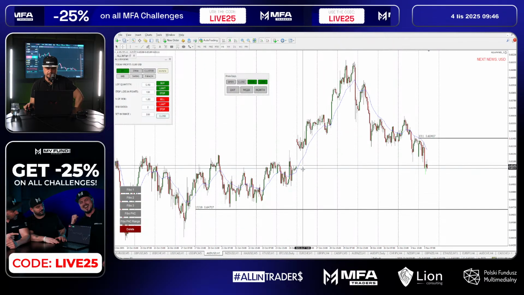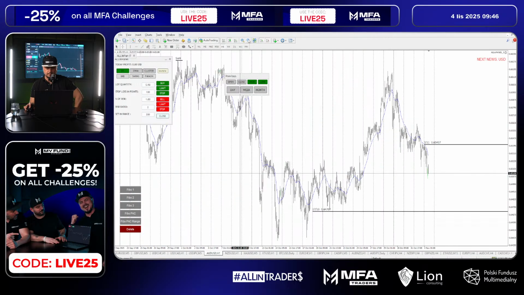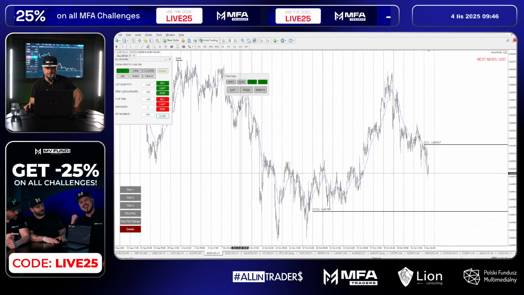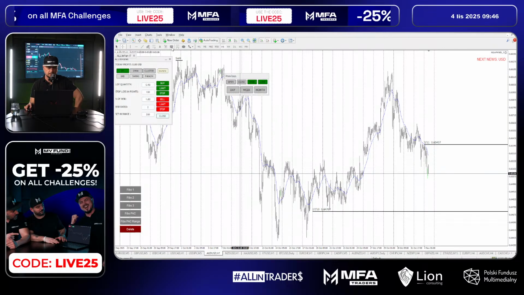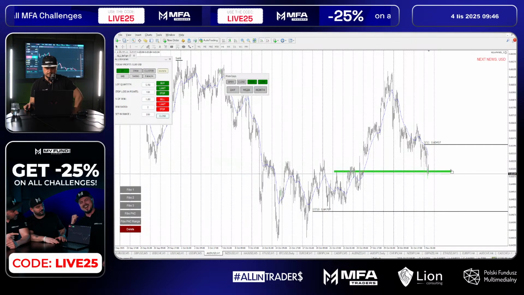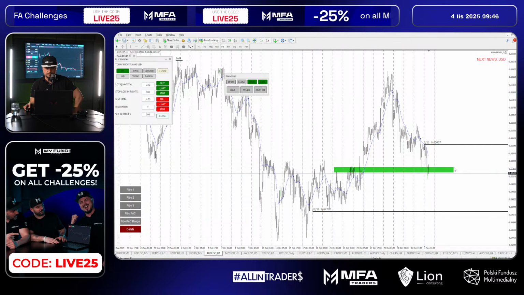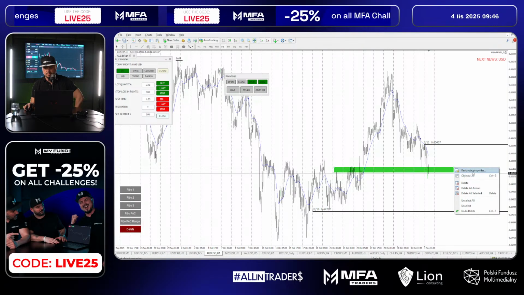You can see the gap has been closed. This is support resistance area at this moment.